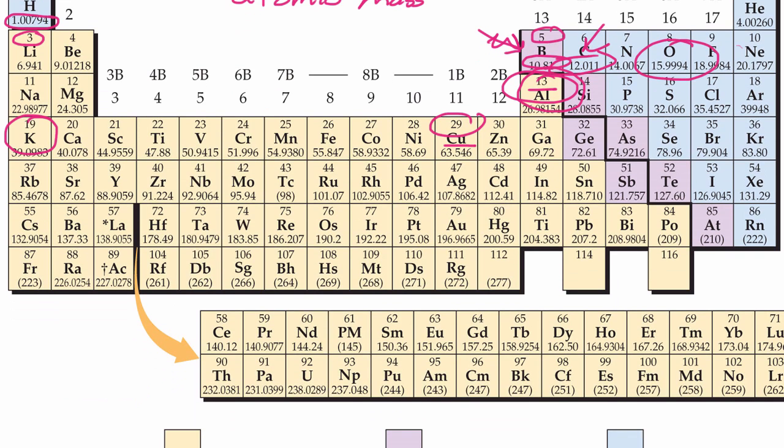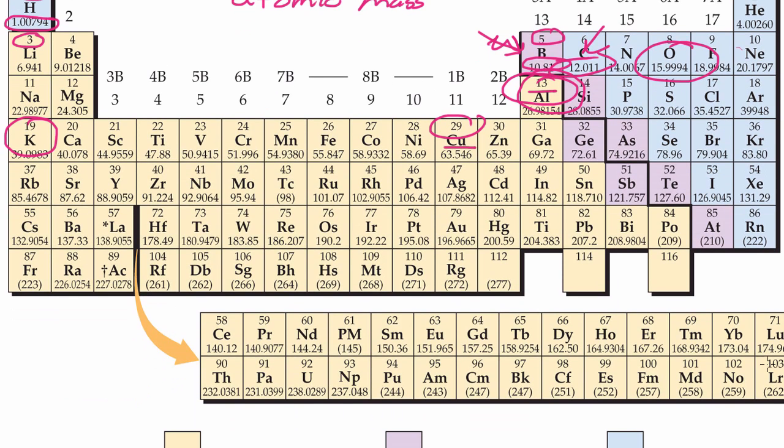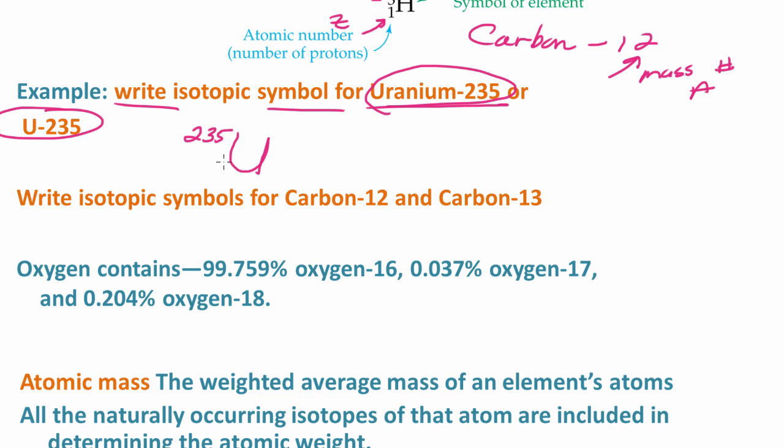So for uranium, okay, here it is, Z is equal to 92. So let's go ahead and write that. So this would be the isotopic symbol for uranium-235.